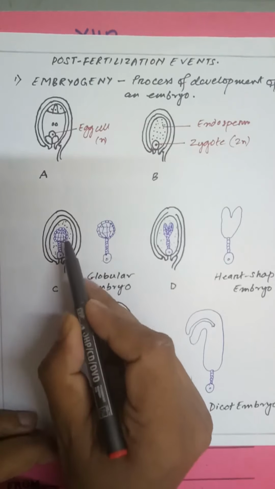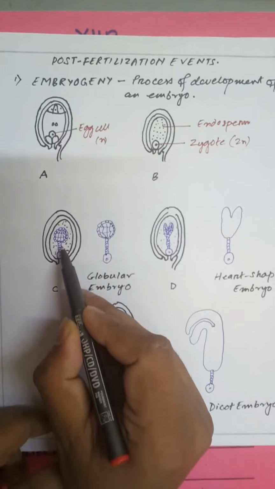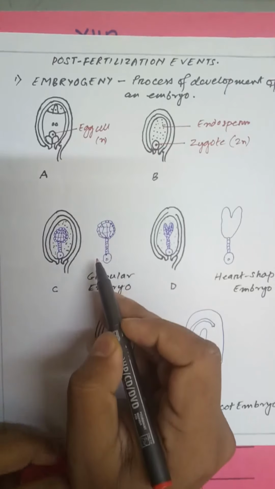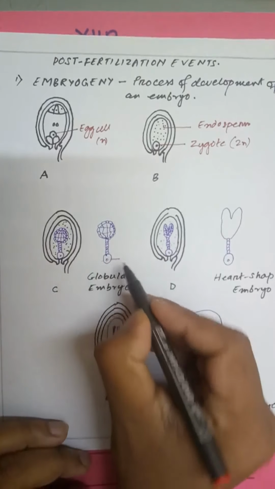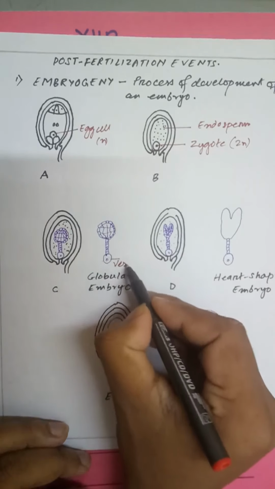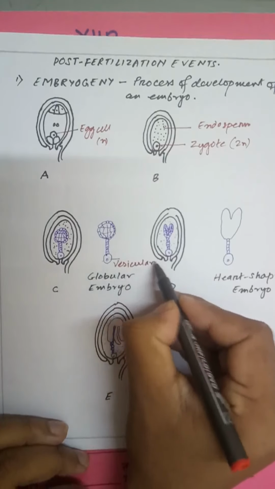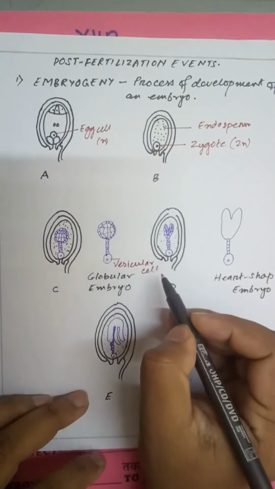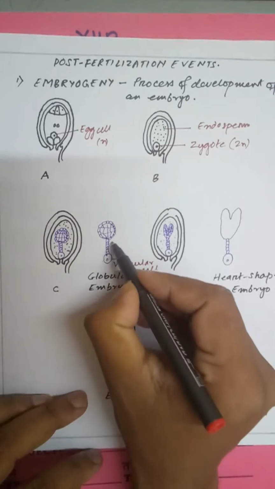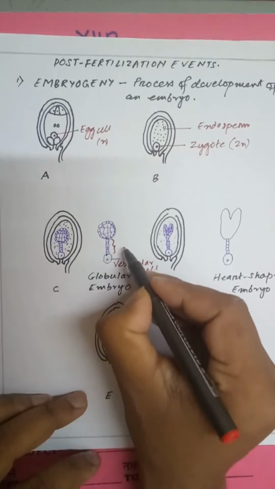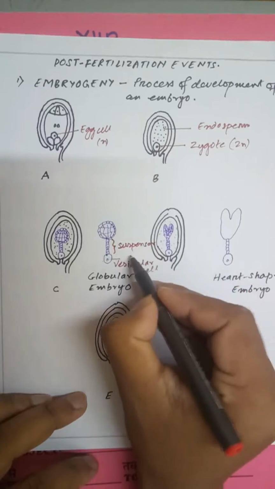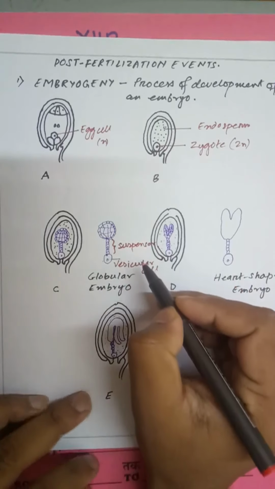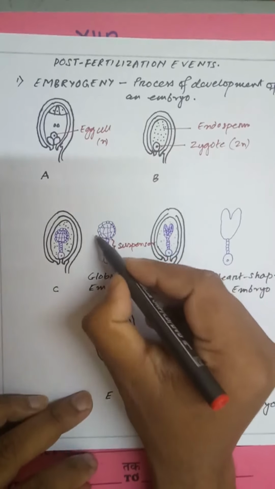inside the embryo sac. If I draw the diagram outside the embryo sac and try to label it, we find a big cell, which is also called vesicular cell, and a long neck cell, which is called suspensor cells, or simply suspensor, and a round embryo.